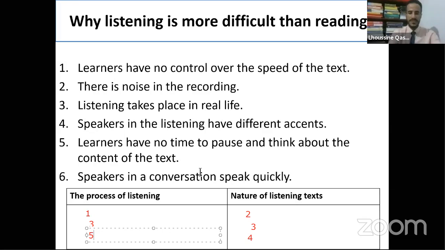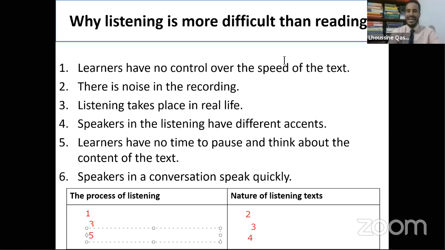Great. Number 6, speakers in a conversation speak quickly. Muhammad said 2, Wahida 2, Sophia 2, Nadia 1. Yeah. Here there is a conversation. What is conversation?